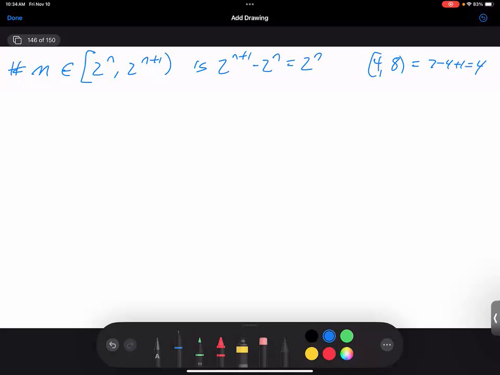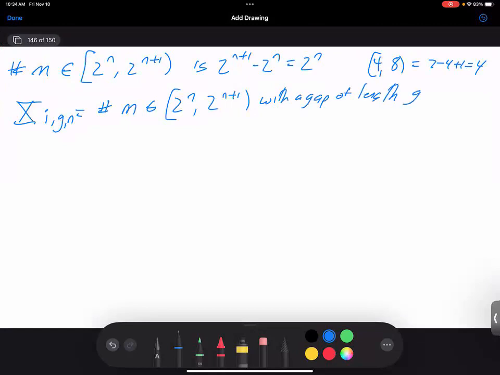Now, we want to find how many have a gap of length g. So let x_ij equal the number of m in the interval 2 to the n to 2 to the n plus 1, with a gap of length g starting at i.